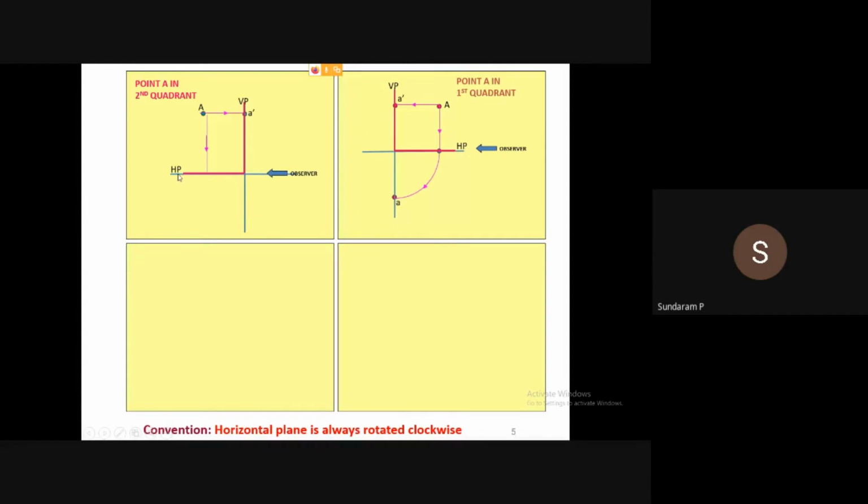But always we rotate the horizontal plane clockwise 90 degrees. When you rotate clockwise 90 degrees, both the front view and top view are obtained above the XY line, or above the ground.